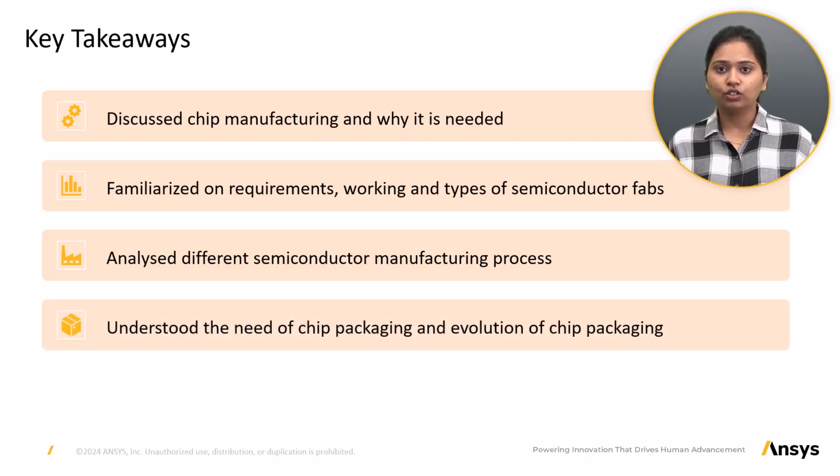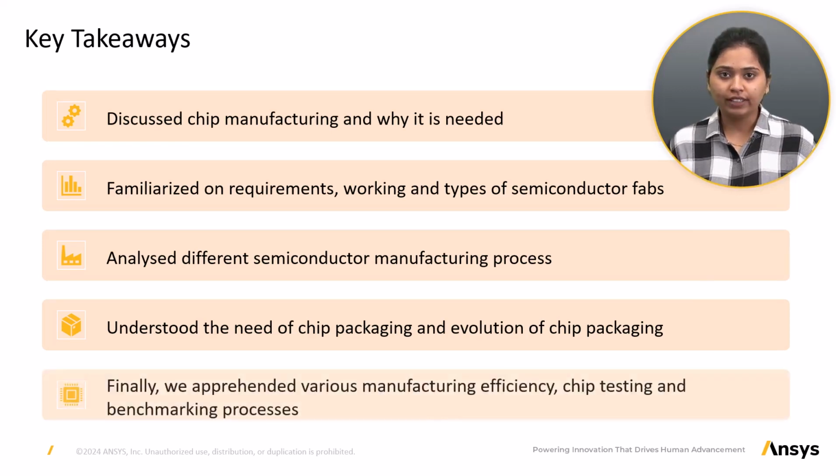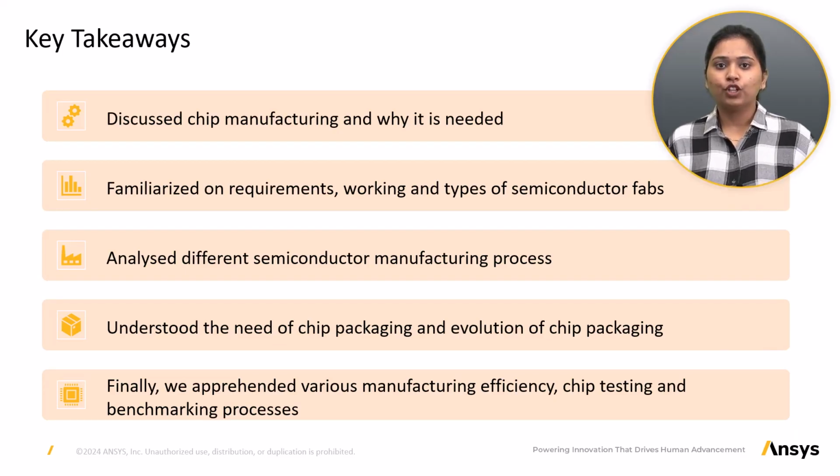After that, we understood why we required chip packaging and how far we have come in terms of chip packaging. Finally, we looked at various checks and efficiency tests on the manufactured chips like yield analysis, burn-in test, and functional tests. We hope that this lesson provided you with insight into the chip manufacturing process and associated aspects.